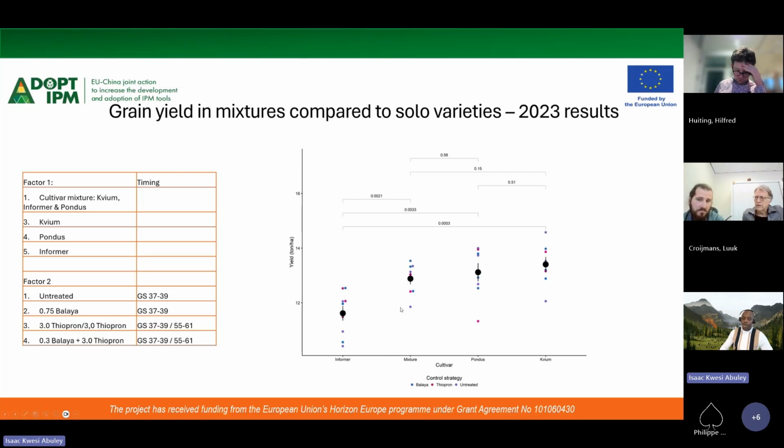If you are in a mixture, overall you have a better yield because the other 2 varieties cushion Informa, which is not very strong and didn't give us good yield in this particular experiment. So overall, disease-wise, we didn't see very marked differences. However, there was a tendency that if you have your alternative product, which is sulfur, in your mixture, it does a bit better.